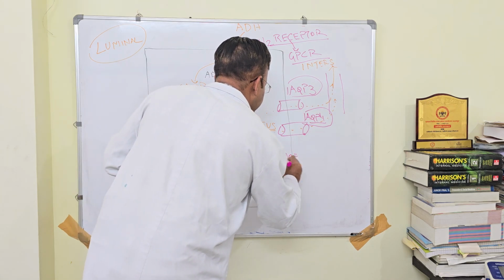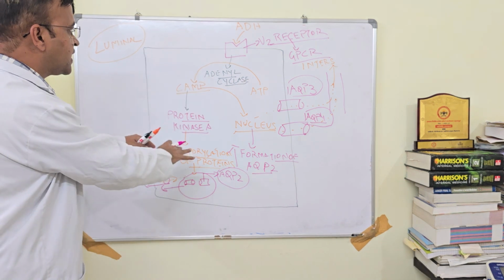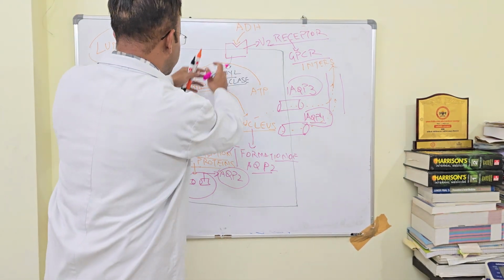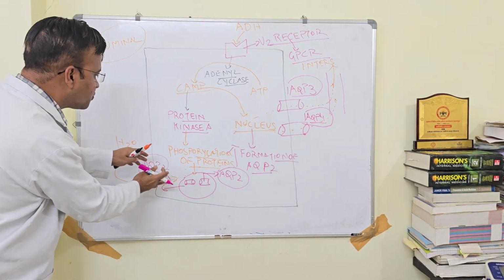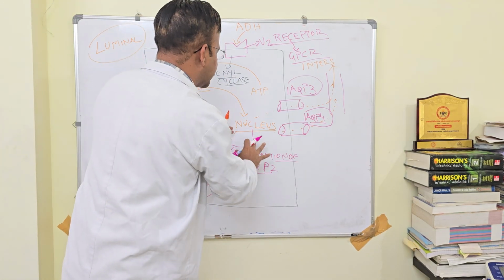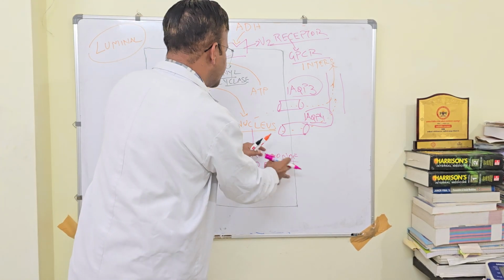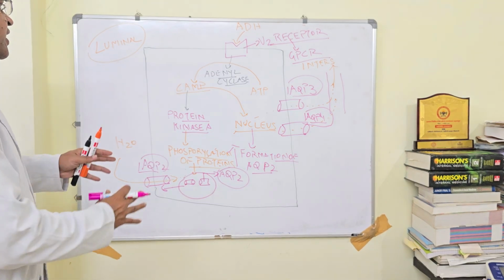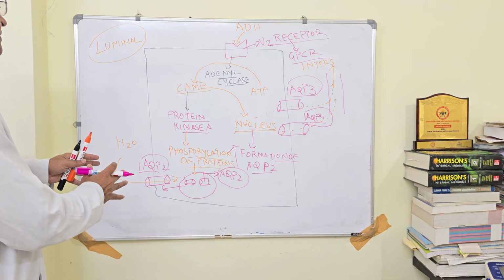So ADH has both a short-term effect and a long-term effect. In the short-term effect, it increases the recruitment of aquaporin 2 channels. In the long-term effect, it acts on the nucleus and increases the formation of aquaporin 2 channels.